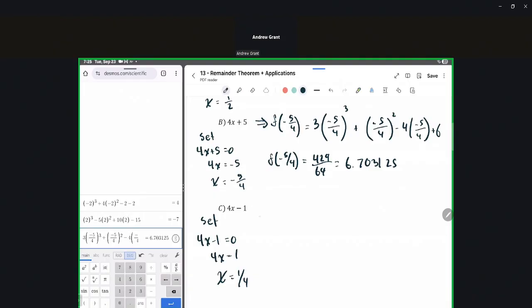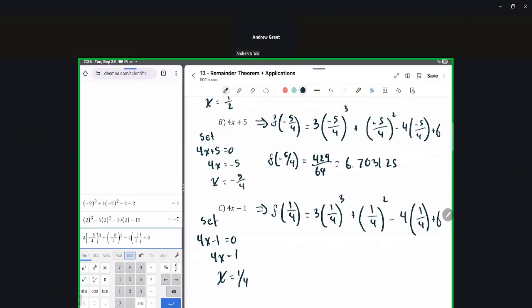And so when evaluating this, f of 1/4 is equal to 3 times 1/4 to the power of 3 plus 1/4 to the power of 2 minus 4 times 1/4 and then plus a 6 at the end. Oh, minus 5. Okay, I was making sure that I typed it in wrong, but no, we're okay.